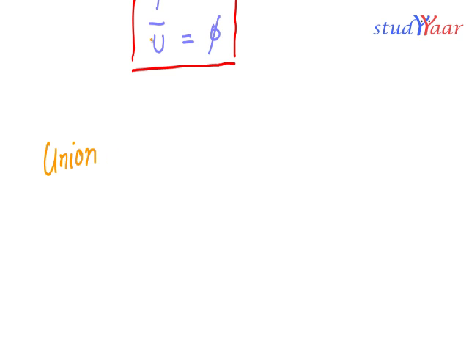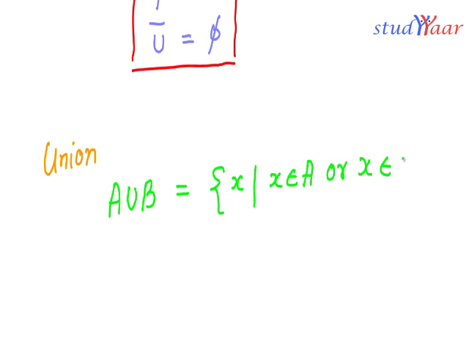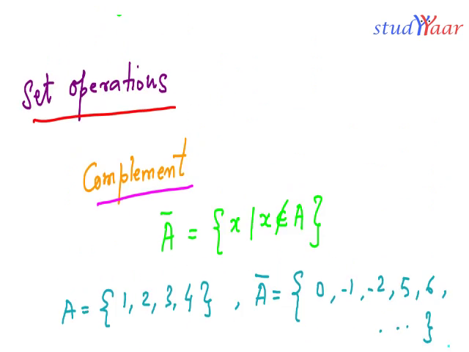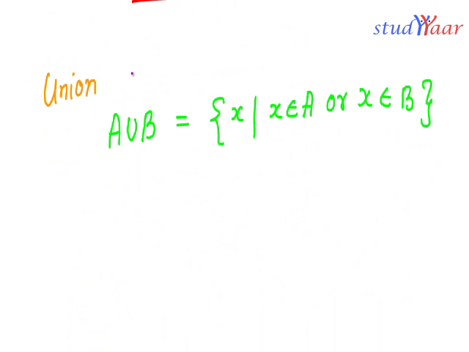The union of two sets, represented as A union B, is defined as all the elements x such that x is an element of A or x is an element of B. If I write this in simple English, the union contains all elements contained in either A or B.